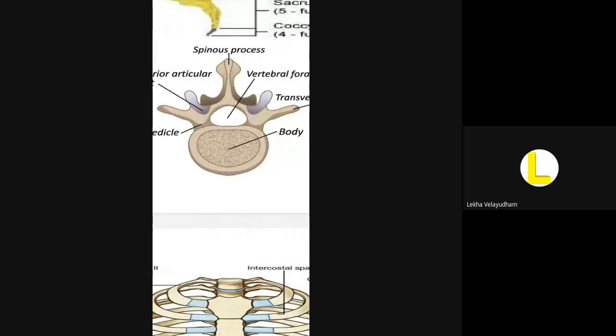Here you can see a normal spinal vertebra.